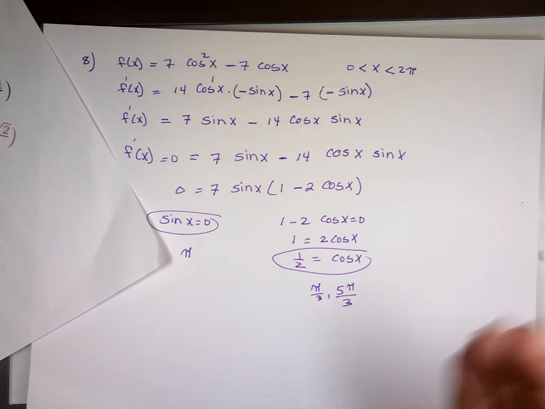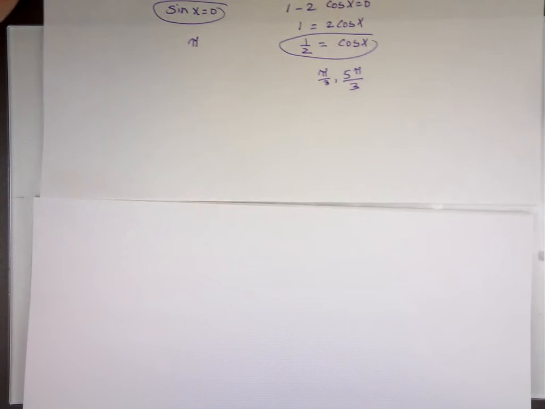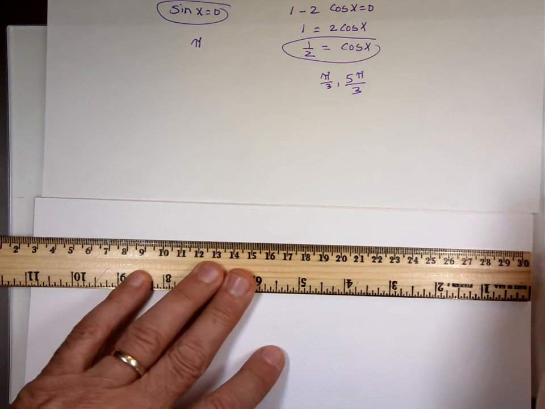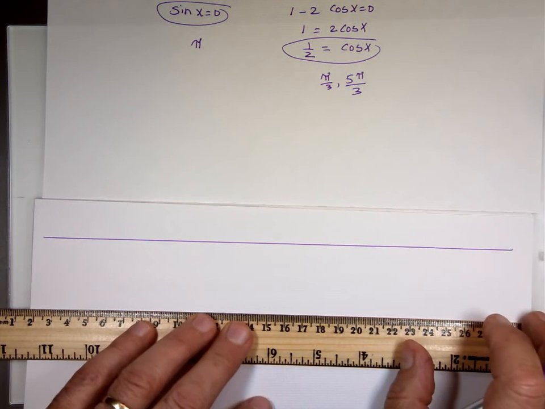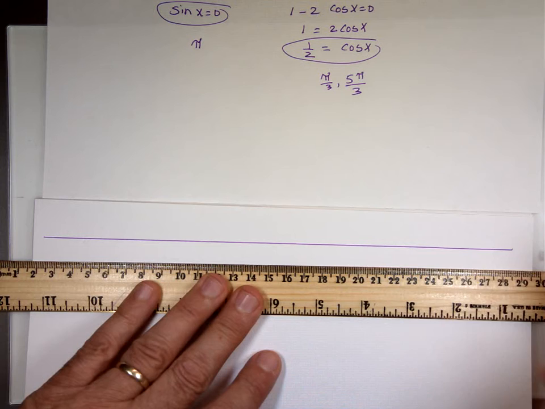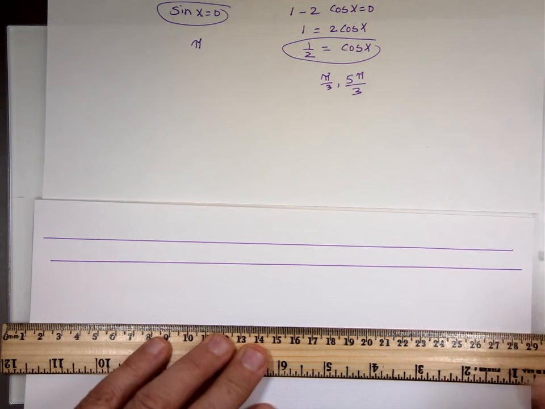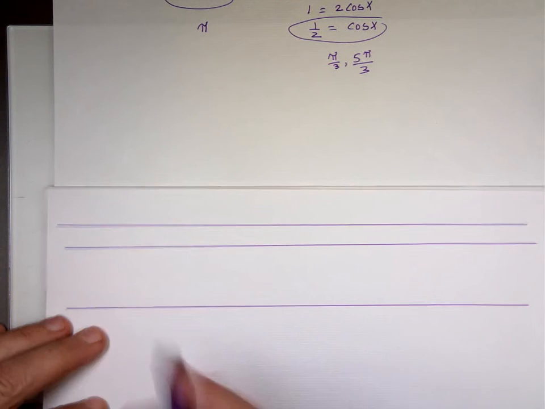So I've got to make my table now. That's my test point we'll use here. And let's see if the derivative is positive or negative. So the derivative, I'll just write it down.